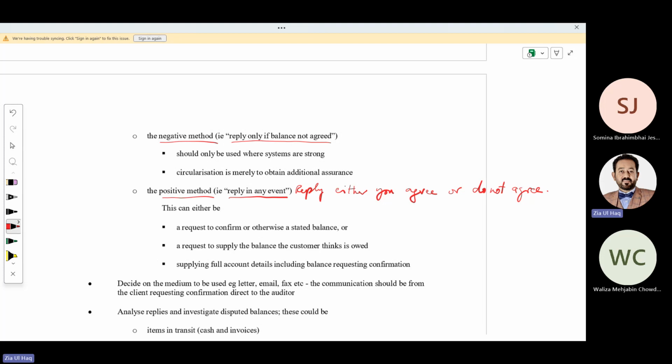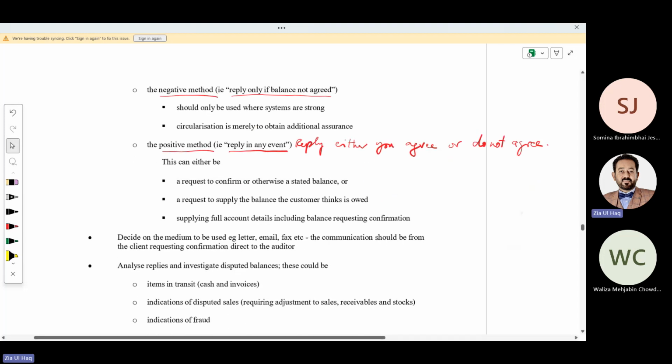But this is not a good method because the customer might not bother to reply. He has no connection with you. Why should he reply to you? But you are considering, oh, if he doesn't reply, this means he agrees with the balance. So what is the best method? The positive method. We should ask the customer to reply either he agrees or does not agree.